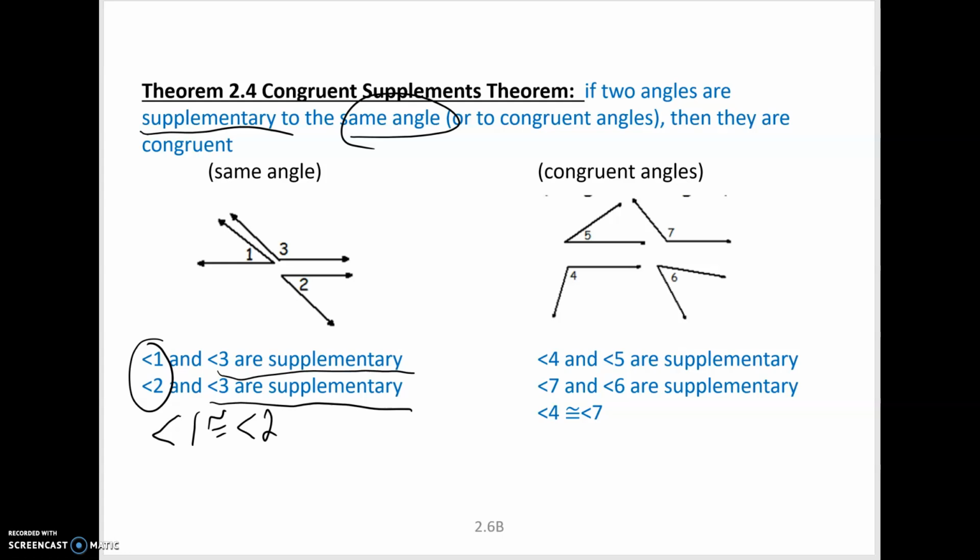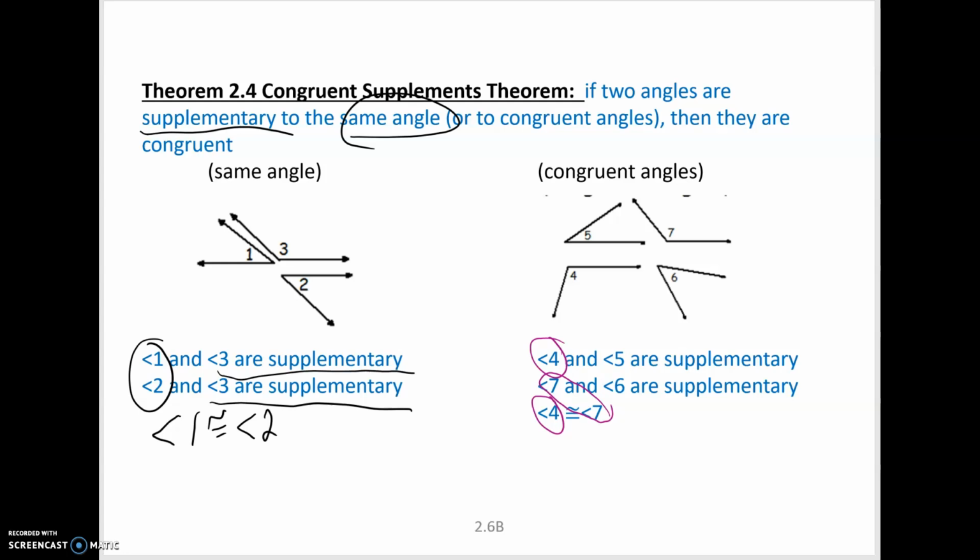My second example, okay, over here to the right, I know my congruent angles, so I have 4 and 5 are supplementary, 7 and 6 are supplementary, and 4 and 7 are congruent. So I could really say that 4 and 6 are supplementary, okay, and then those would be shared.